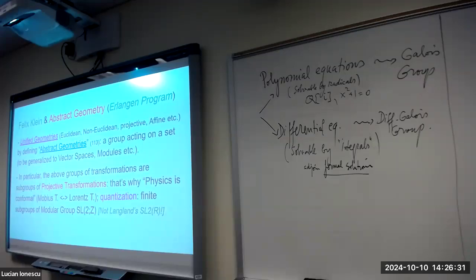But then Sophus Lie wanted to do something similar, but with differential equations. And obviously, being friends and talking all the time, they benefited from one another. I think they also disagreed on that also.